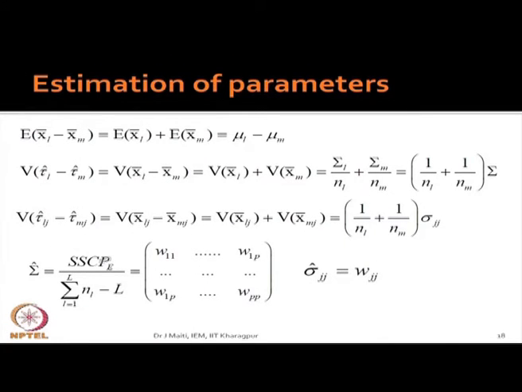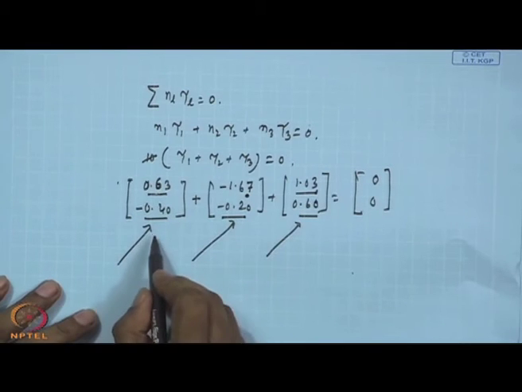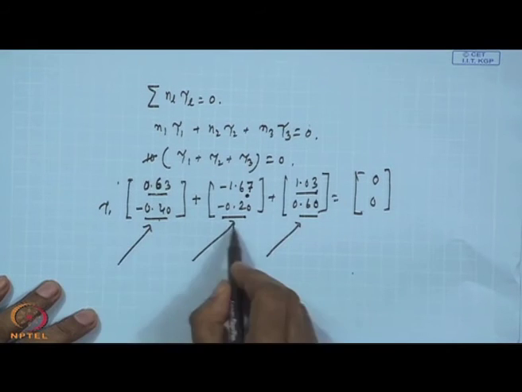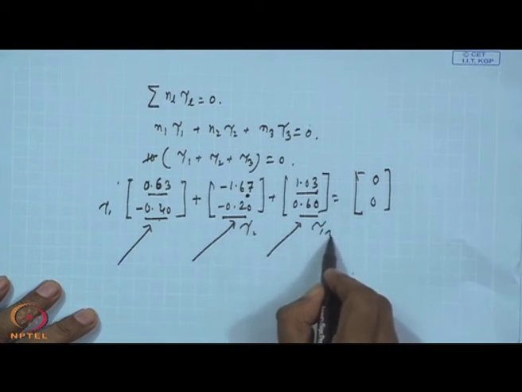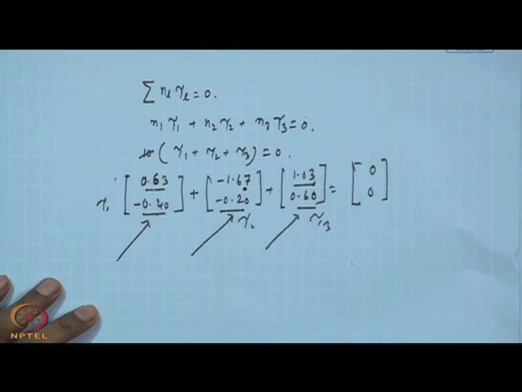Here I am showing you something more. What is that? That you have already found out that this is your tau 1, this one is tau 2 and this one is tau 3.